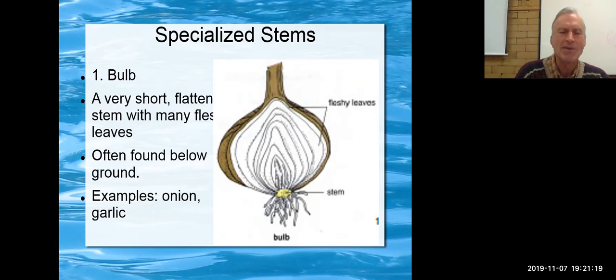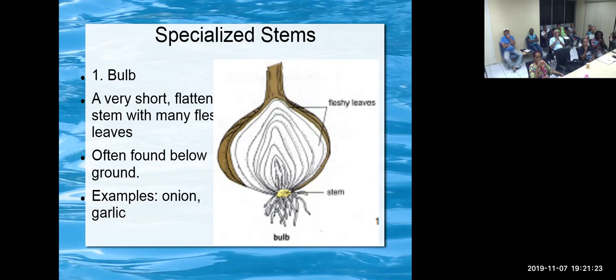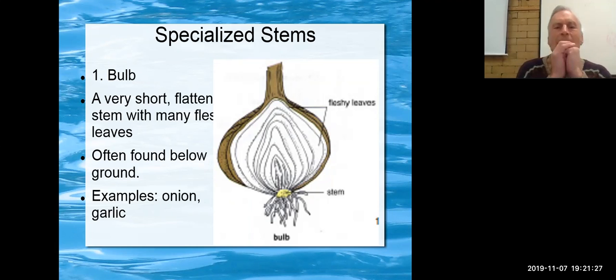So examples of bulbs are onions and garlic. Would cabbage be another example of that, Steve? Cabbage grows in the same way, yeah. It's not usually called a bulb, but it's the same type of structure, very similar, with the stem at the base and then the leaves coming out of it.